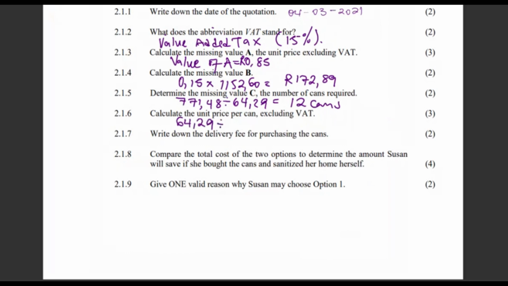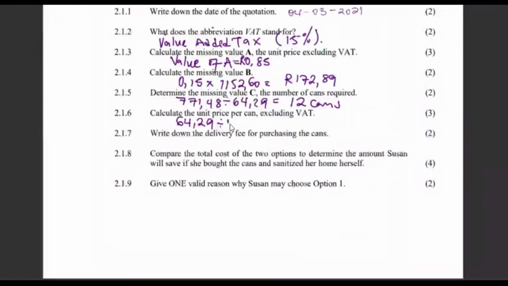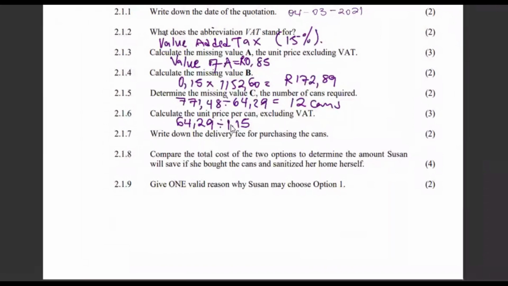What we do, we divide by 1.15. We get the answer as 64.90 divided by 1.15, which is 55.90.